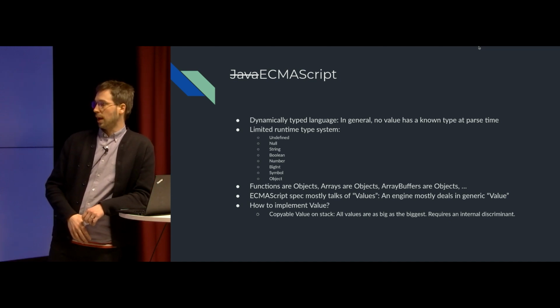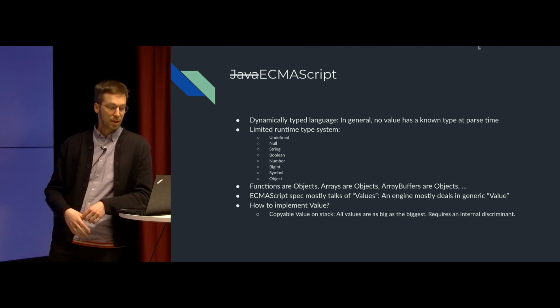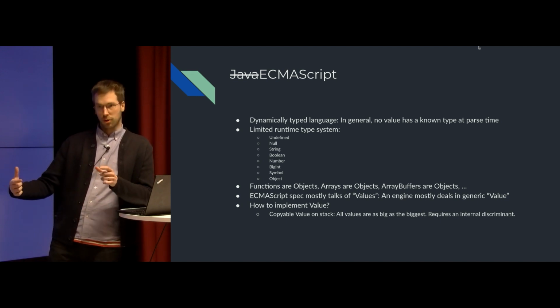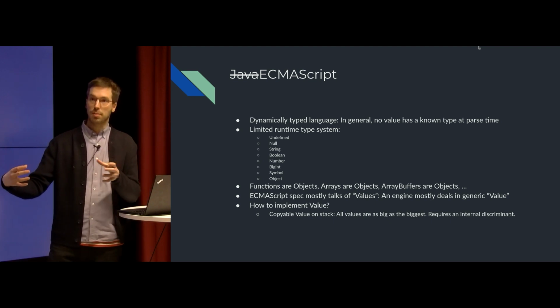Doing this, you would end up with a huge value because it always needs to be as big as the biggest value is. And you would need some internal discriminant in this data that knows what type of value this is.